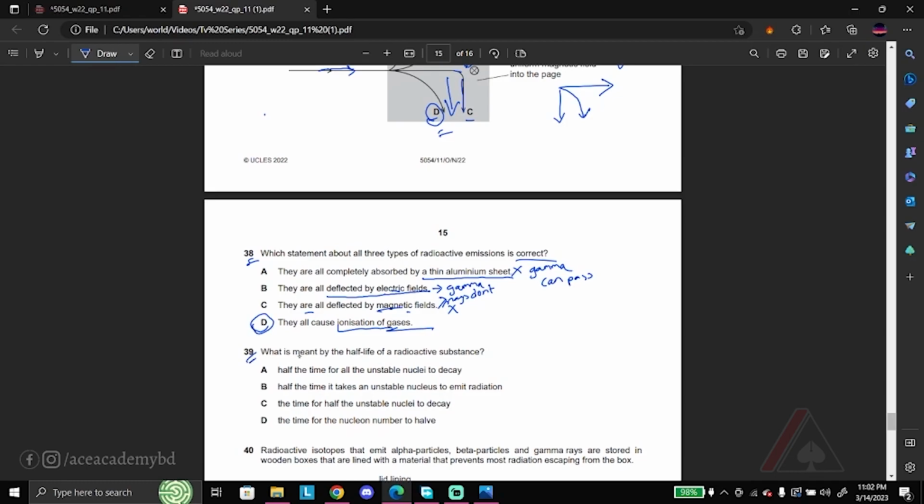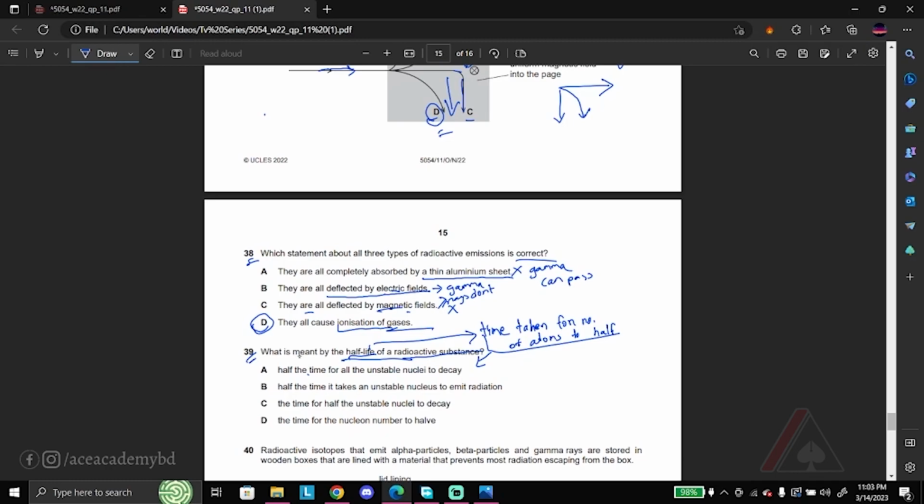Number 39: what is meant by the half-life of a radioactive substance? If we recall, half-life means the time taken for the number of atoms to halve. Let's match this with the definitions up here.